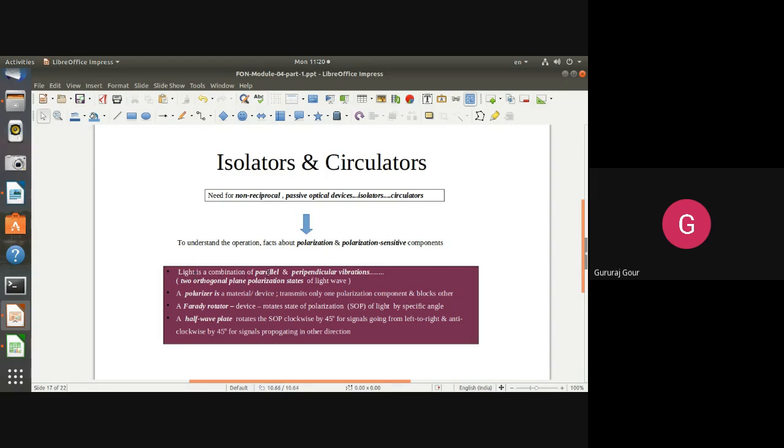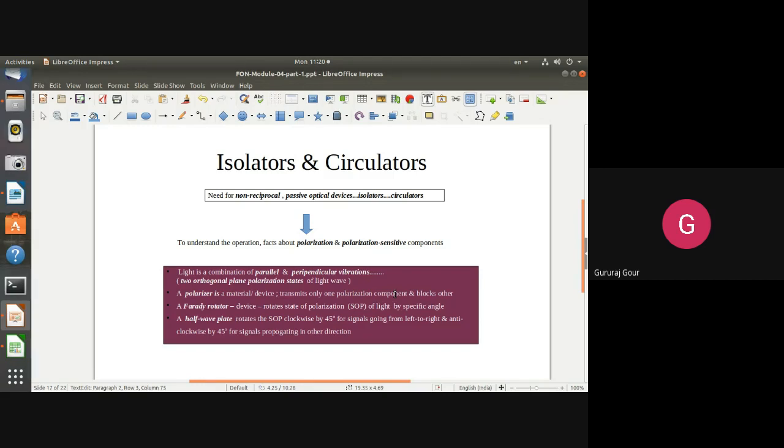So that's what he is telling. Light is a combination of parallel and perpendicular vibrations, two orthogonal plane polarization states of light wave. A polarizer is a material or device which transmits only one polarization component and blocks the other. It will be manufactured or configured in such a way that it is something like a filter, a frequency selective device.